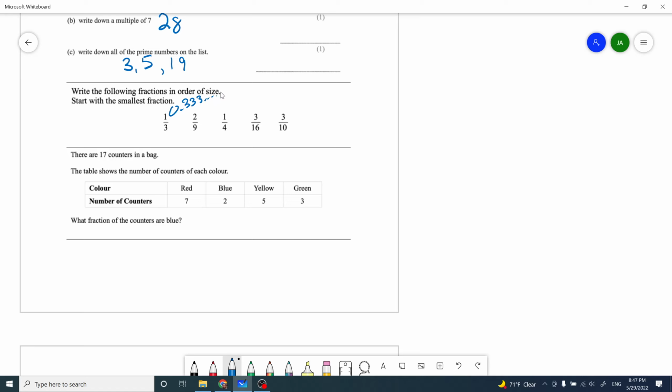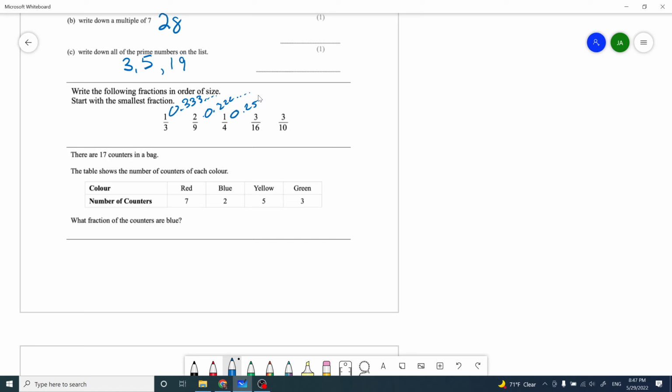this is going to be 0.33333 forever, right? 2/9, again, I'm hoping you remember that these are going to be like 0.1111, 0.2222, depending on the numerator. So 2/9 is going to be equal to 0.222 forever. 1/4, again, I really hope you remember, is 0.25.